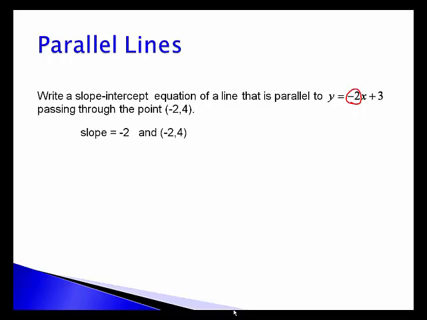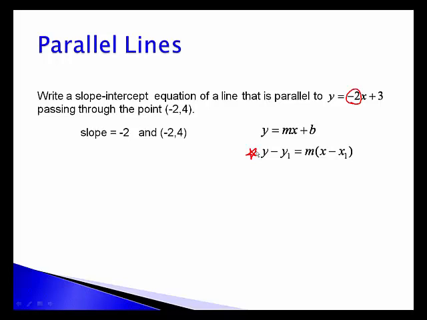Now, if I had given you that much information based on the last lesson we had, you should have been able to do that for me. Remember, your two ways to do this are using slope-intercept or point-slope. Because we do not have a y-intercept, we are tied to using point-slope.